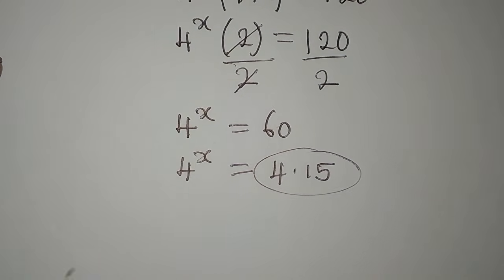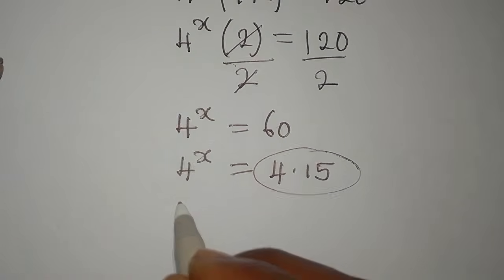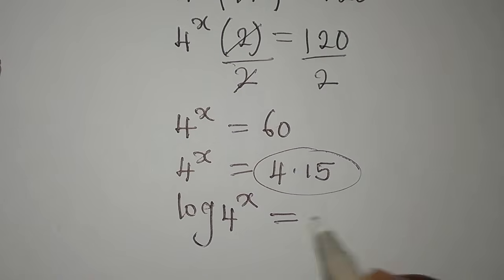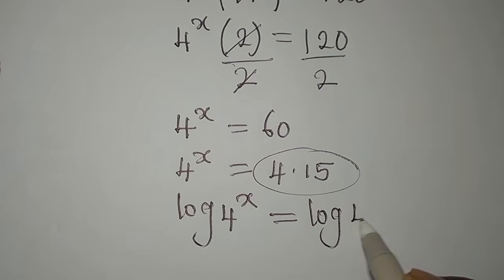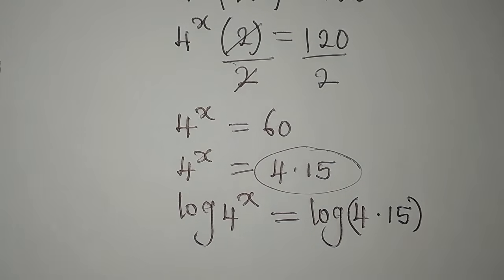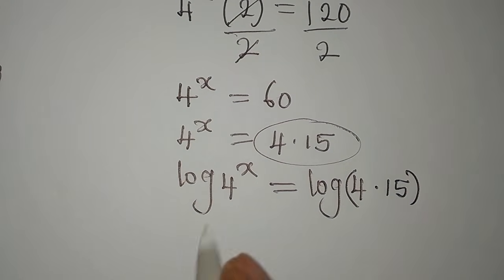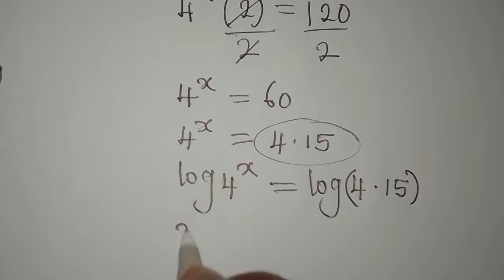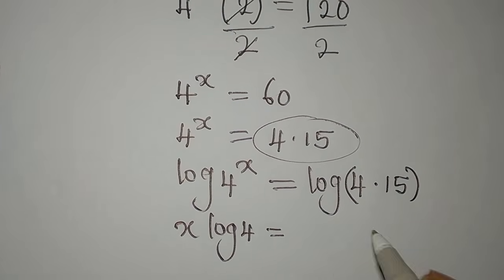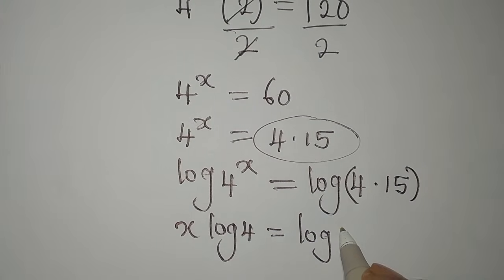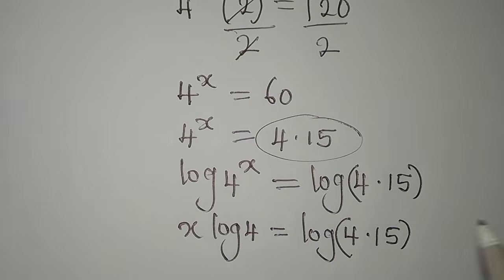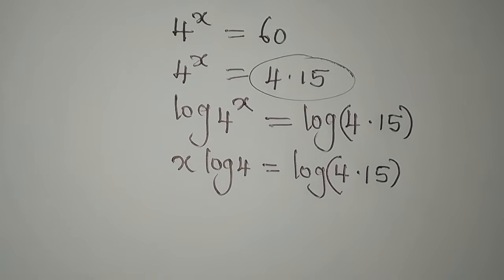Since we cannot write 60 in this form, this is log 4 to the power of x equals log 4 times 15. Now, this power will go behind so that we have x log 4 to be equal to log 4 times 15. The power has gone behind.